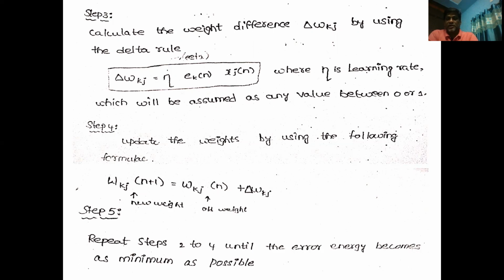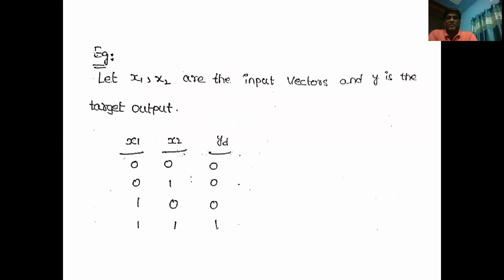So when we identify that the weights have not changed between two consecutive epochs, we can stop the process and we can identify the weights of the neural network at that point. So this is the algorithm which we can use for designing a neural network that makes use of error correction learning. Let us understand this algorithm with the help of an example.